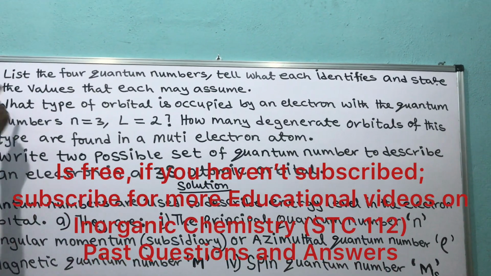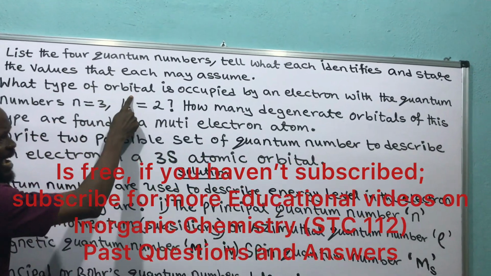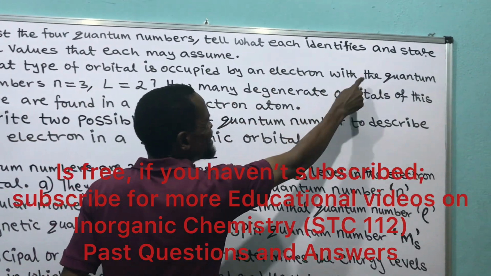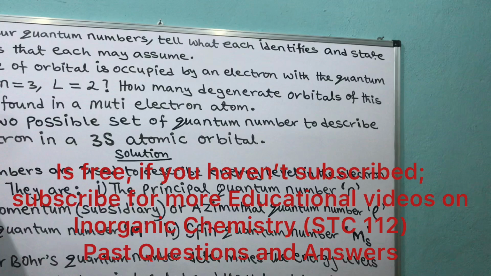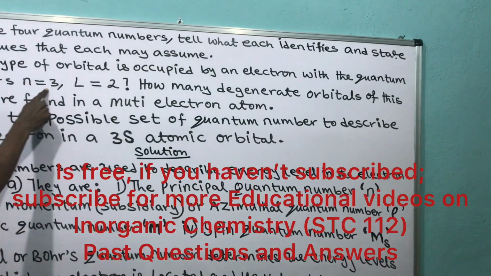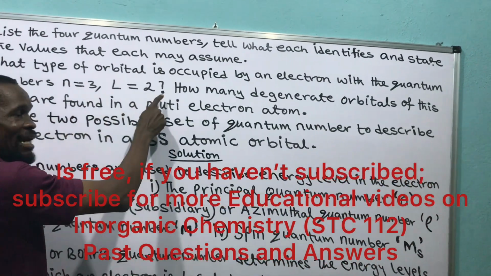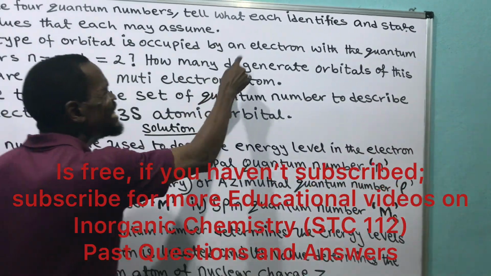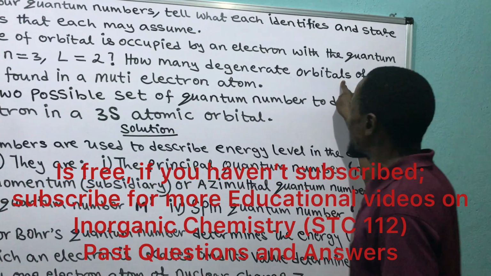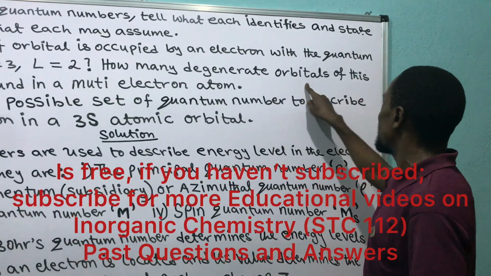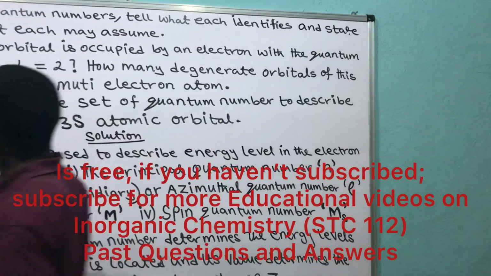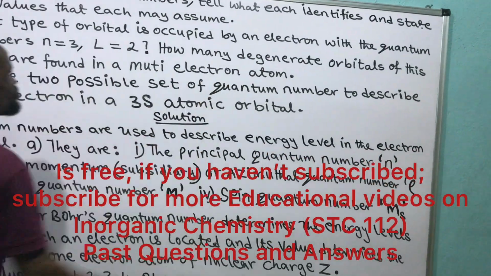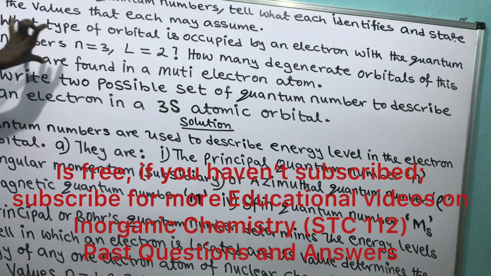Then B: what type of orbital is occupied by an electron with the quantum numbers n equals 3, L equals 2? Then the second question: how many degenerate orbitals of these types are found in a multi-electron atom? That is 2 questions in one.